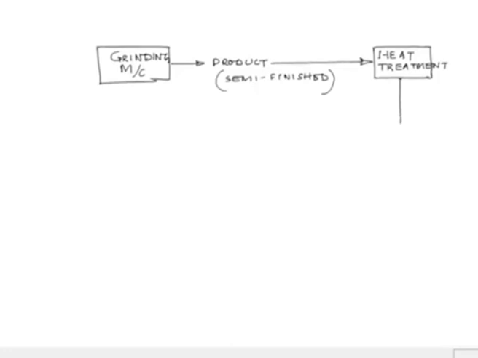So, this will be a surface hardened product, and this product we will call the finished product.